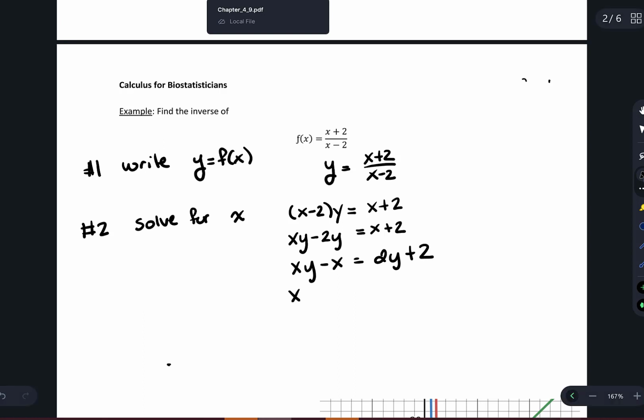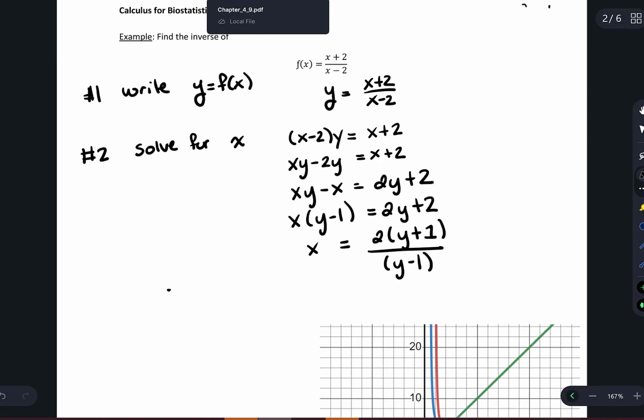Next, I can factor out an x, and then divide both sides by y minus 1, and I'm going to pull the 2 out front in the numerator. All right, and so now for step number 3, we're going to interchange x and y.